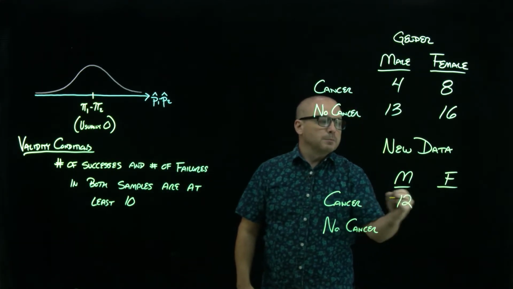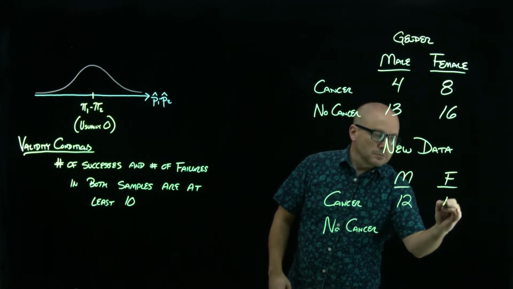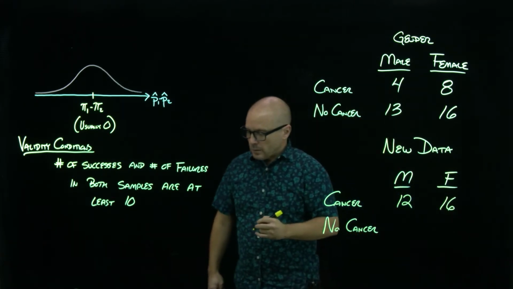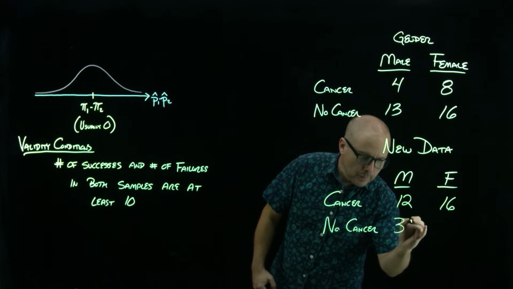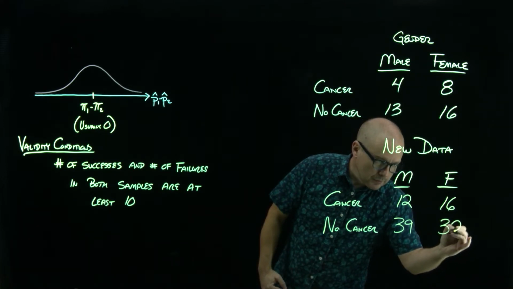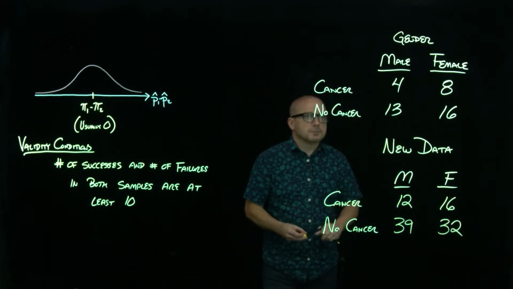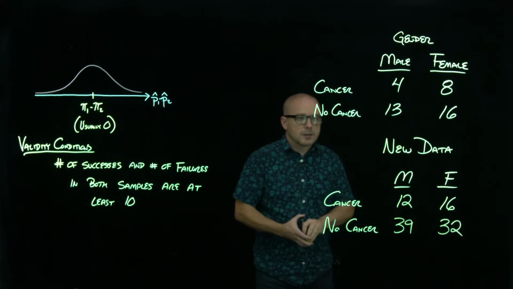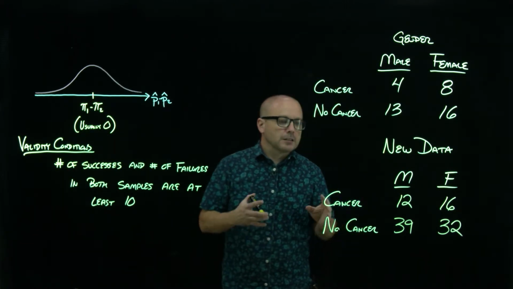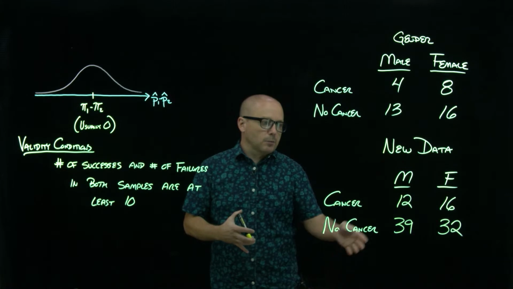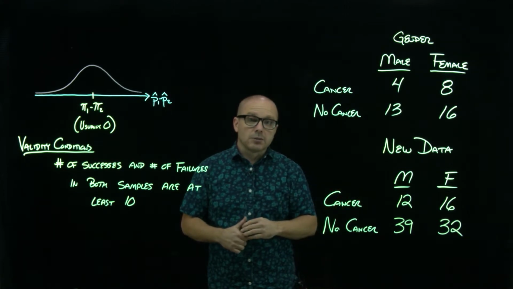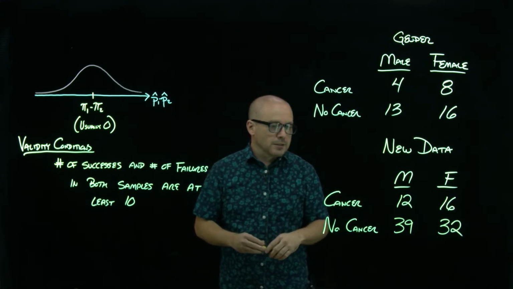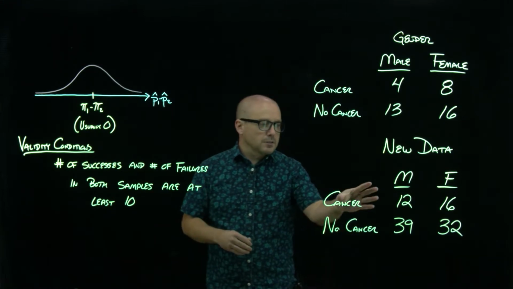So 12, 16, 39, and 32. So let's go over to the theory-based applet, and we'll see how we can use it to do our statistics on these two samples here.